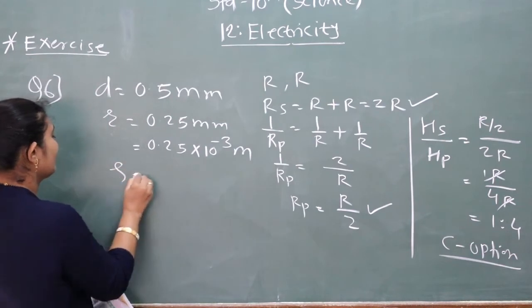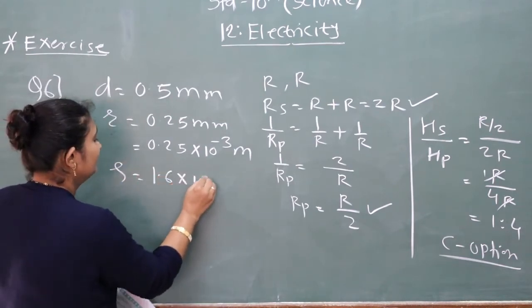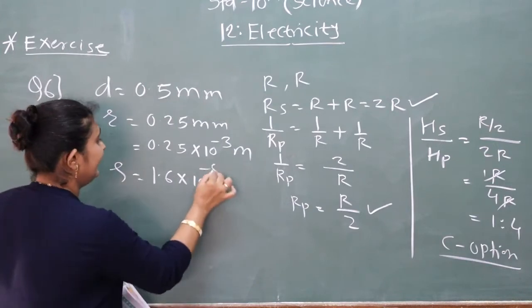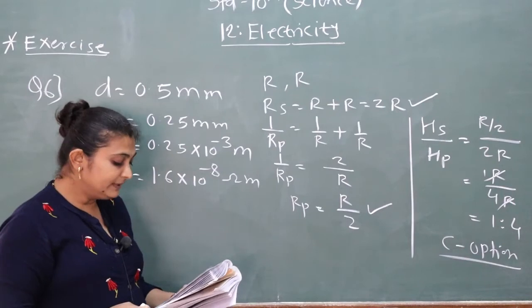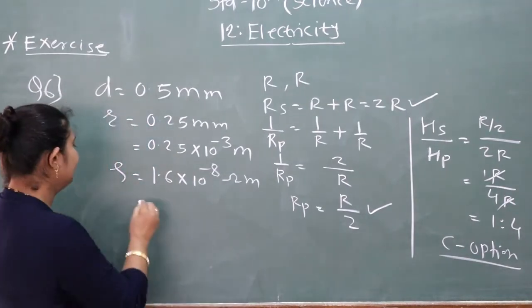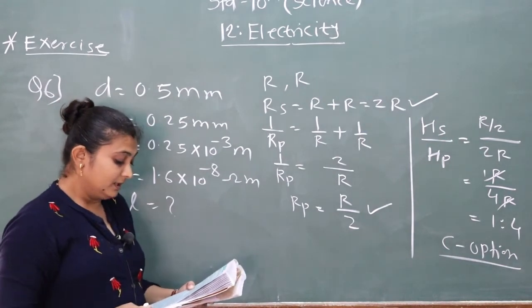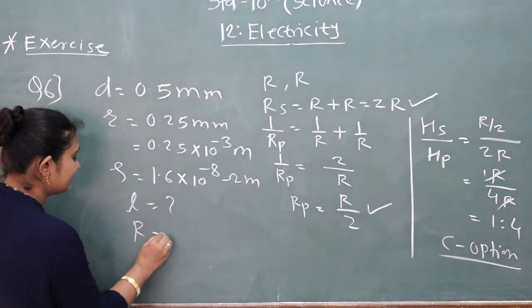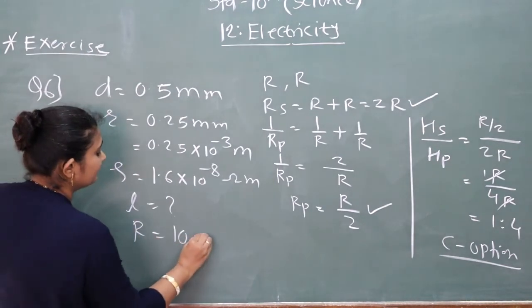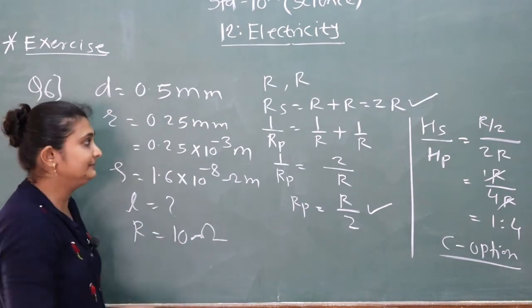Resistivity rho is equal to 1.6 into 10 raised to minus 8 ohm meter. What will be the length of the wire? We have to find the length of the wire to make its resistance 10 ohm. If resistance is equal to 10 ohm, we have to calculate the value of L.